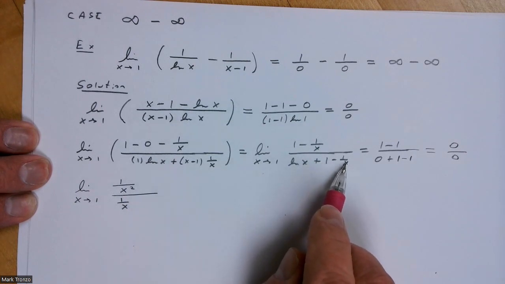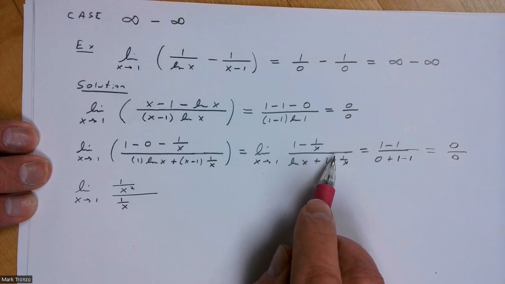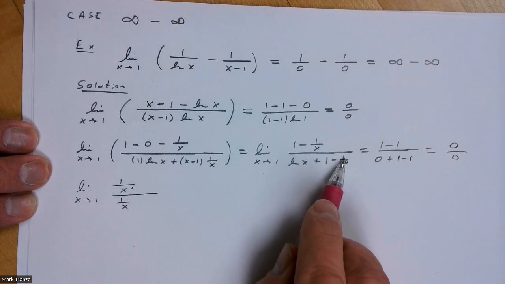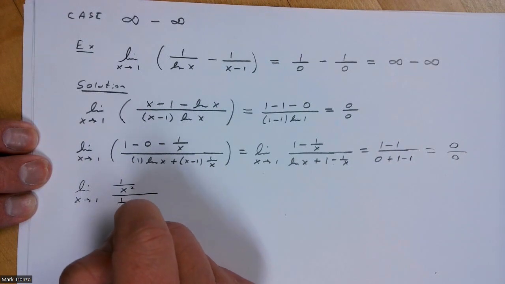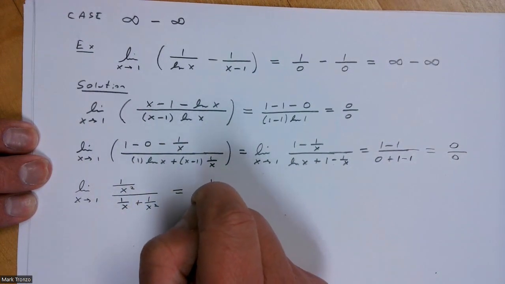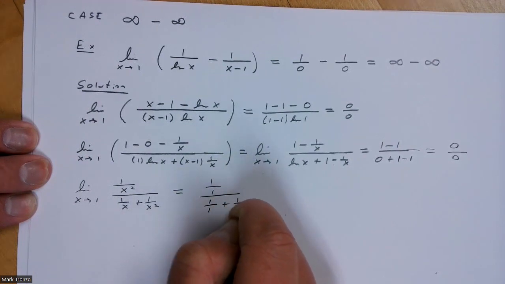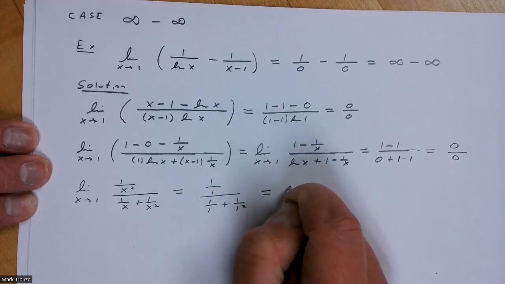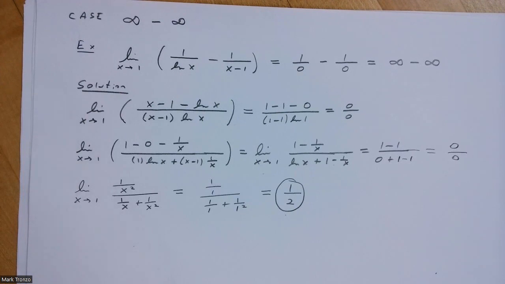And then this is going to be similar to the numerator. It'll end up being a negative 1 over x squared. Once again, I'll make that positive. There'll be 1 over x squared. Put the numbers in: 1 over 1, 1 over 1 squared equals a half. That was not an expected result.